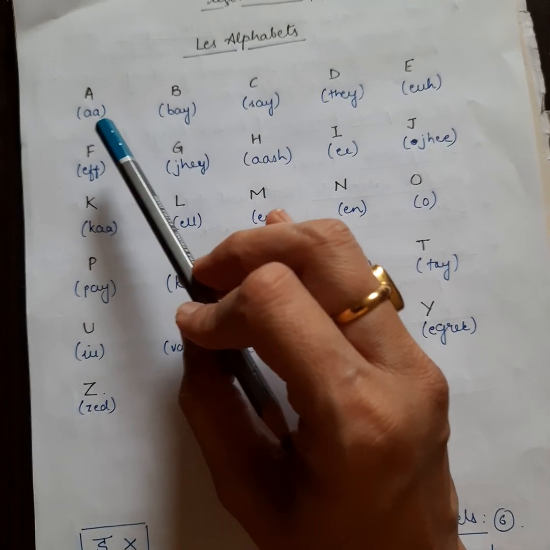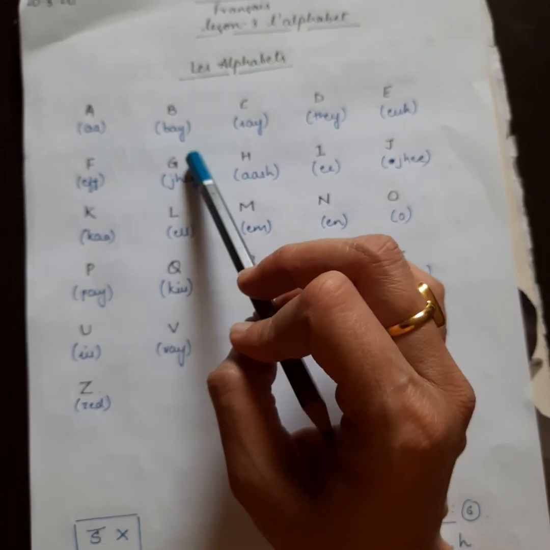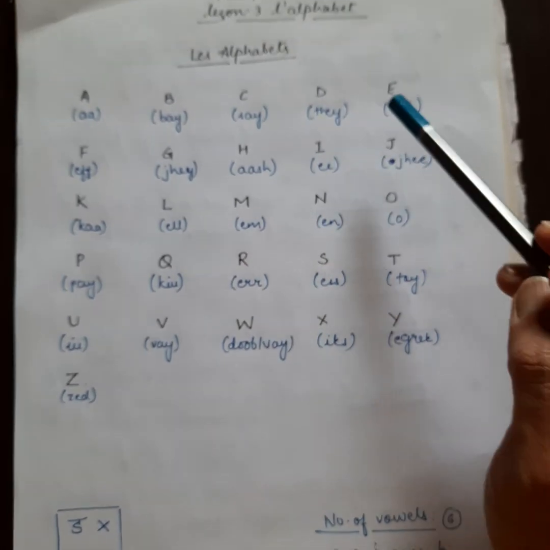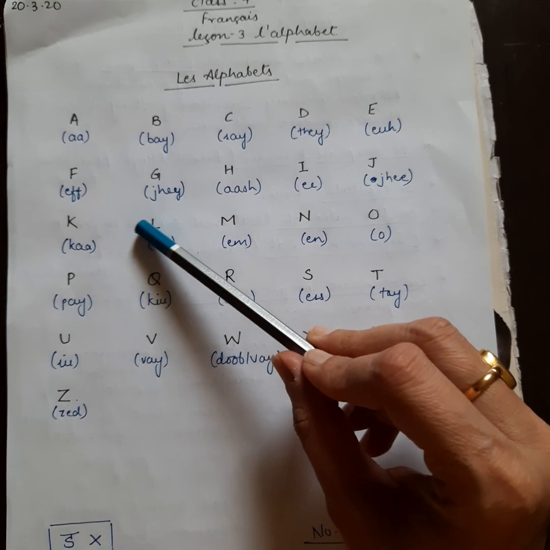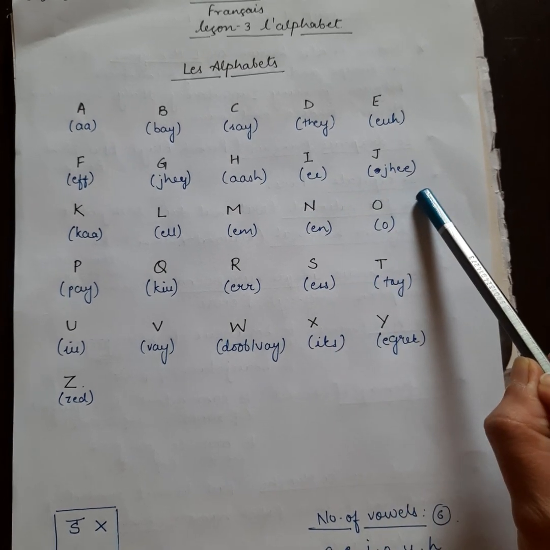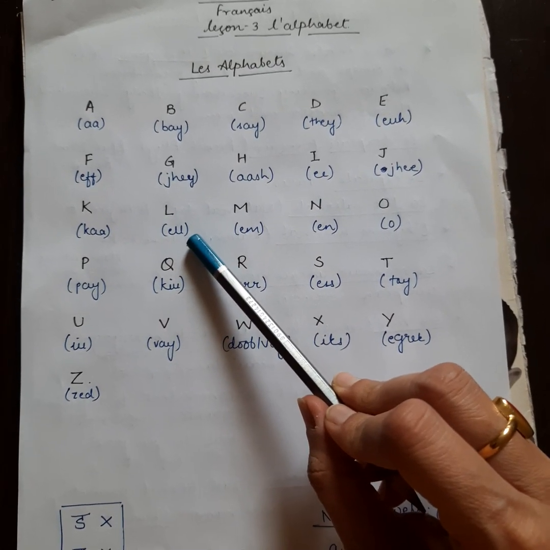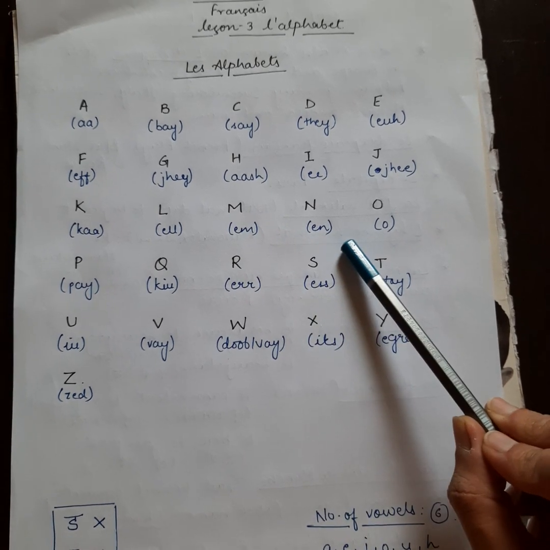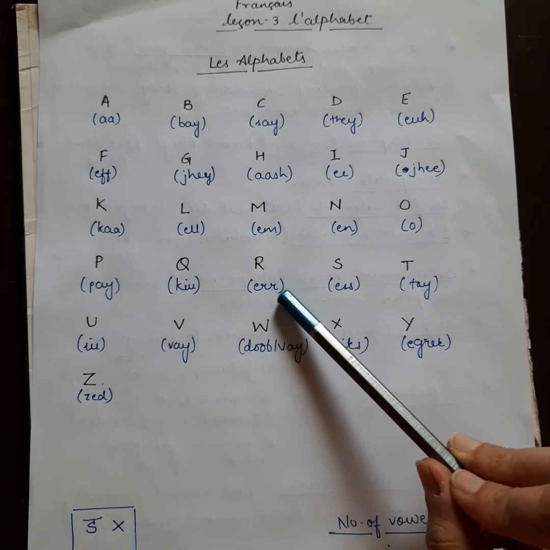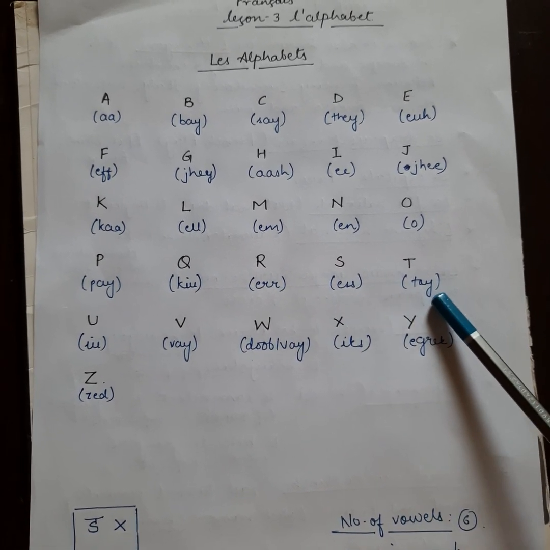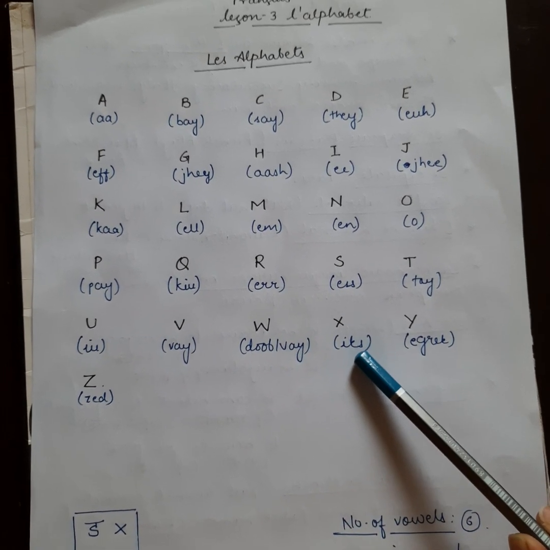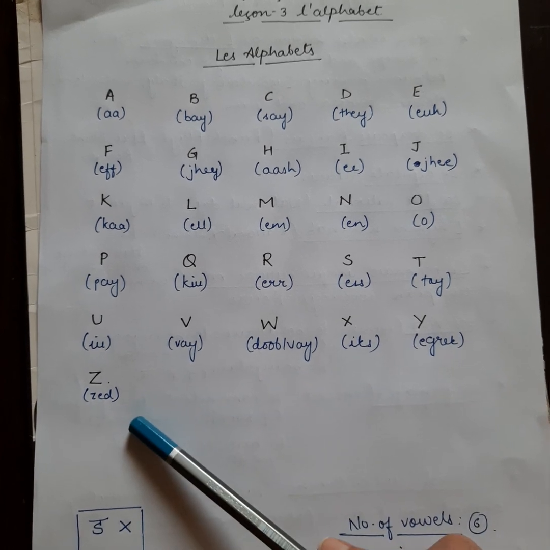Okay, like A is known as A, B is known as B, C, D, E, F, G, H, I, J, K, L, M, N, O, P, Q, R, S, T, U, V, W, X, Y, Z.